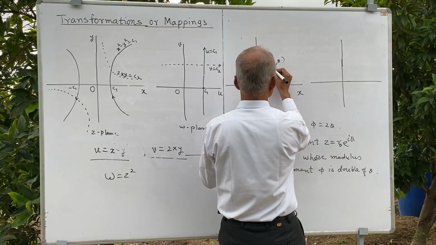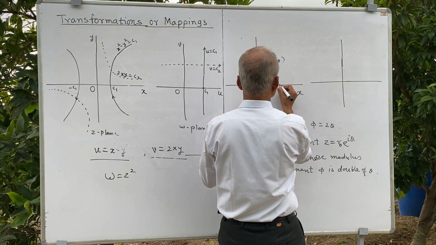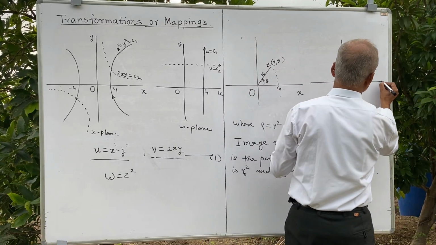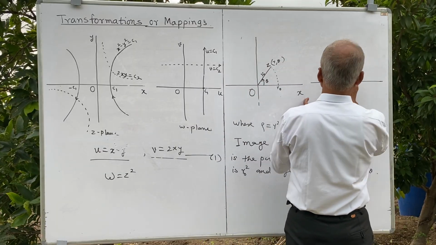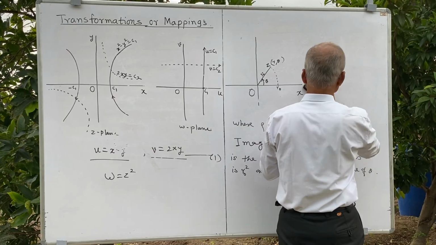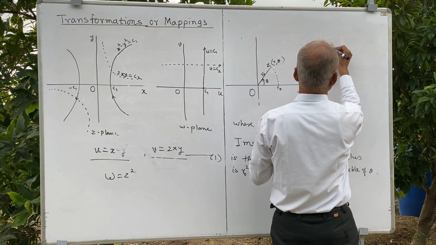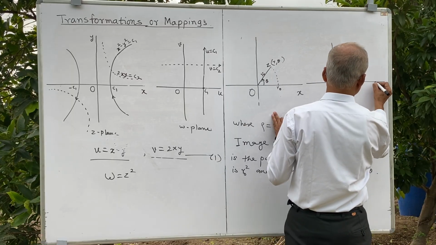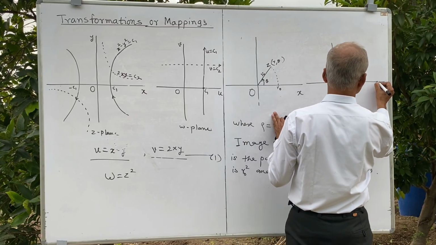So, this is the point r naught, and now it is squared. We shall show the square here. Suppose this is the square of r naught.